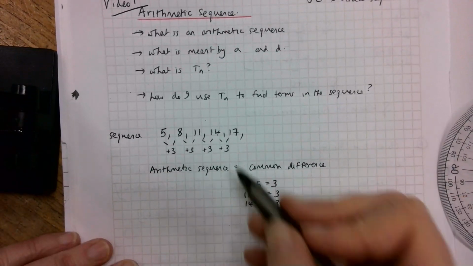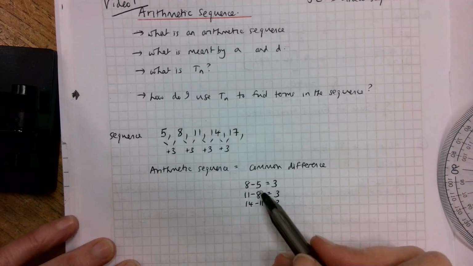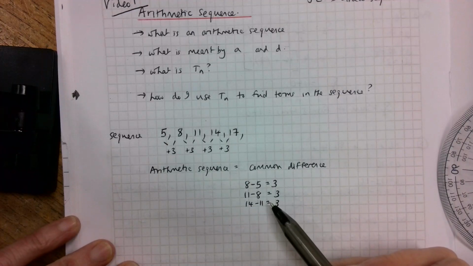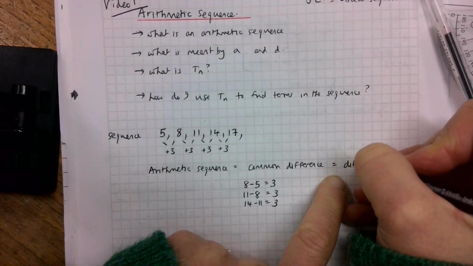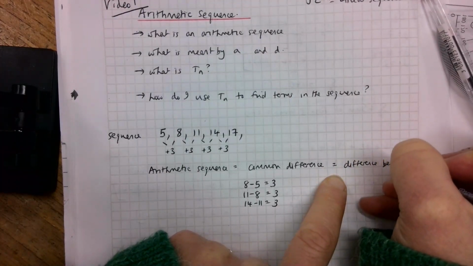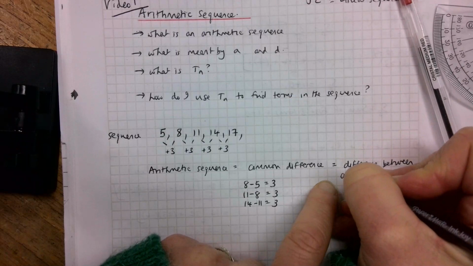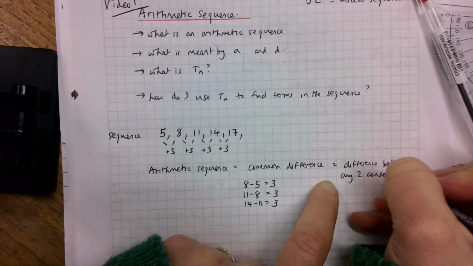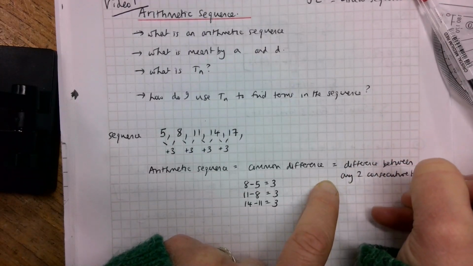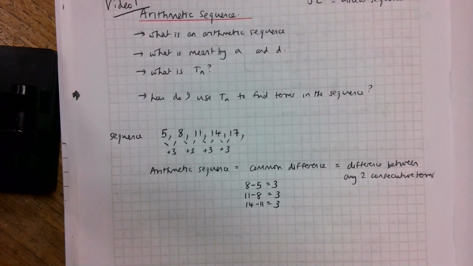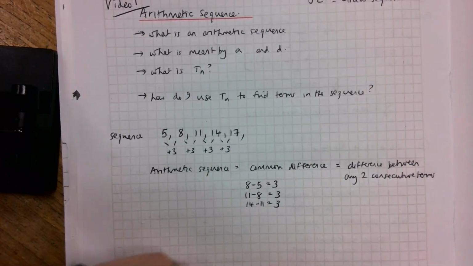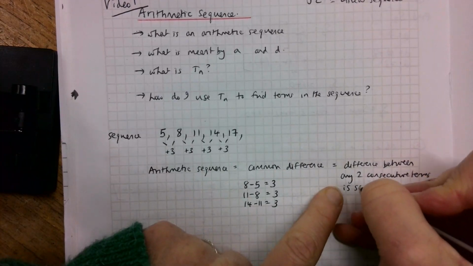I'm adding on 3 each time, or you can say the difference between any two consecutive terms is the same. Okay, so that's what an arithmetic sequence is. The difference between any two consecutive terms is the same.